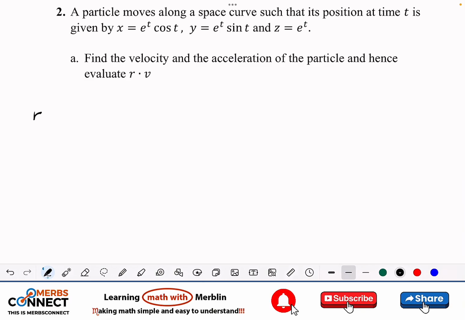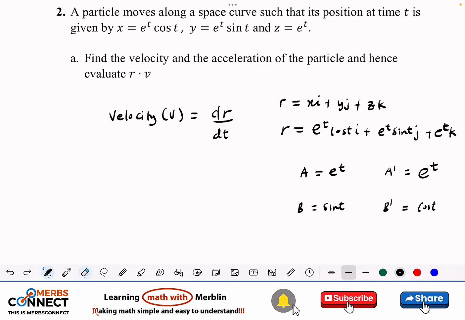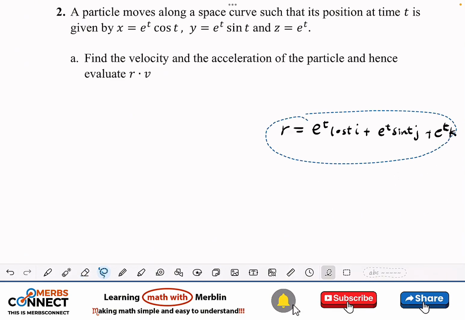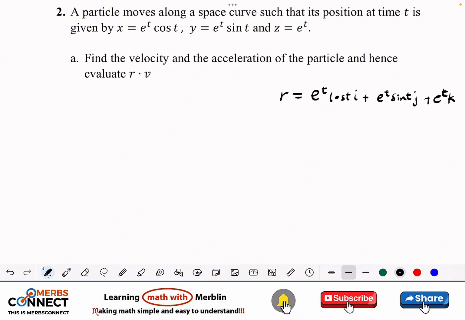I think I cleaned my r, so let me just maintain my r here. Good. So r dot v is equal to, r is equal to this one here. So we have e^t cos t i plus e^t sine t j plus e^t k dot v.